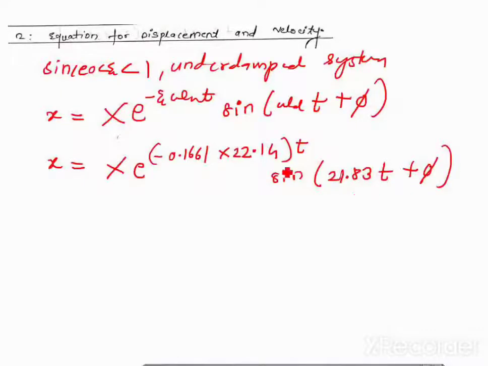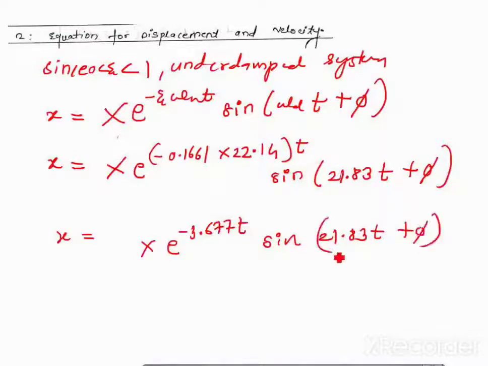So after solving, x is equal to e raised to minus 3.677 t, sine of 21.83 t plus phi. Let me call this equation number 1.